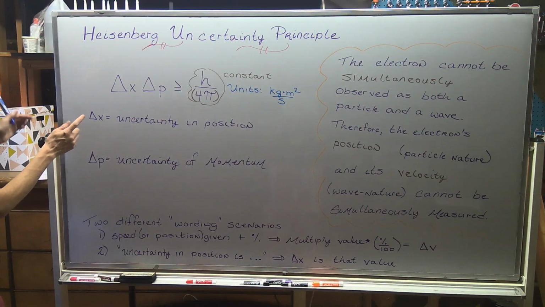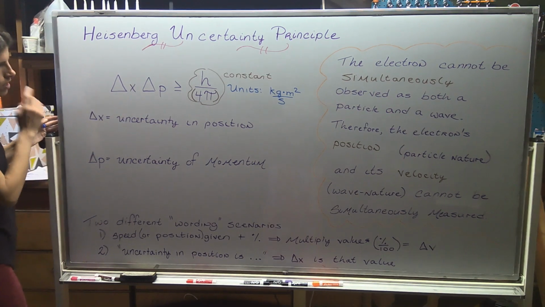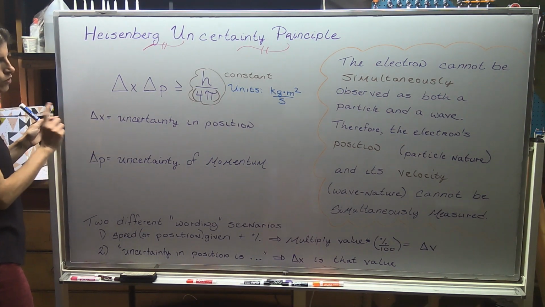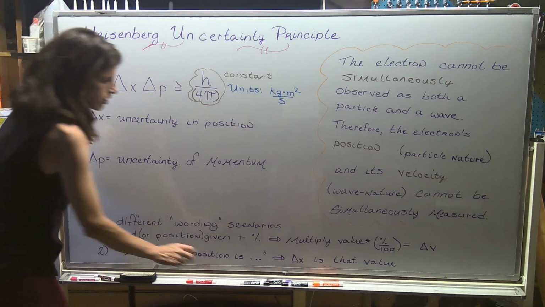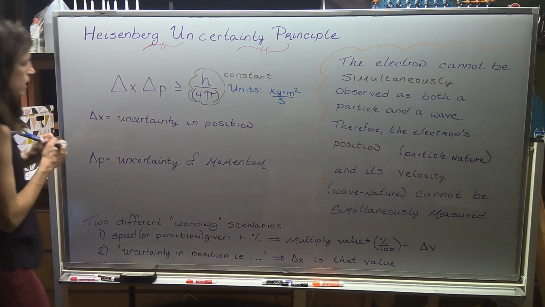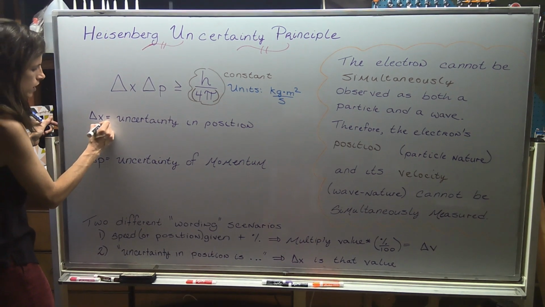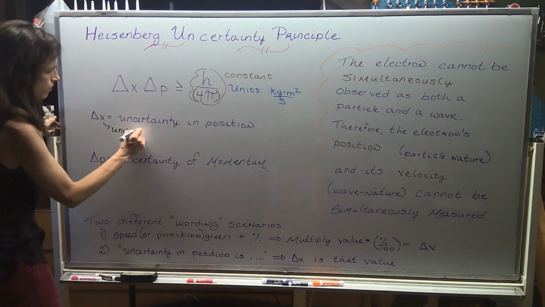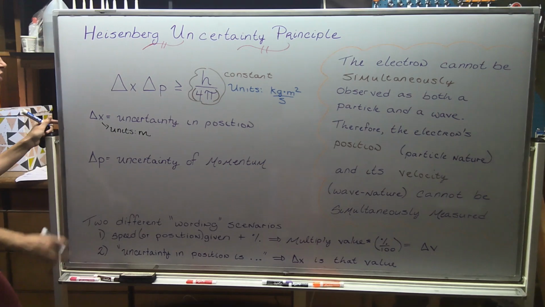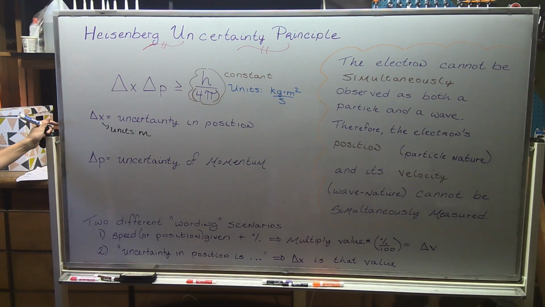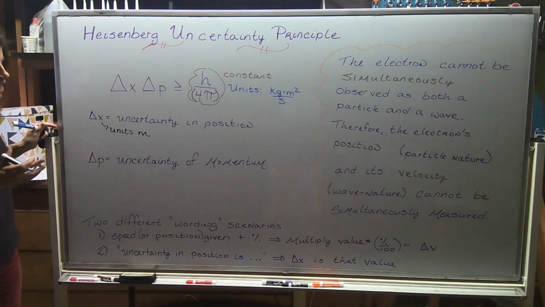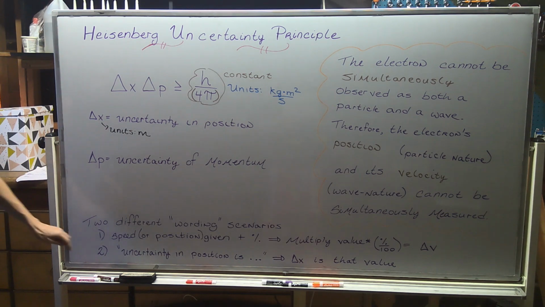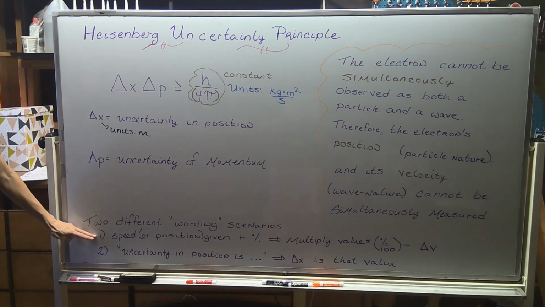All right, so on this side of the equation, we have delta x, which refers to the uncertainty in the position. X is going to have units of meters. And then there's a couple other things to know about this. Depending on the wording of the problem, and I made some notes about that down here.